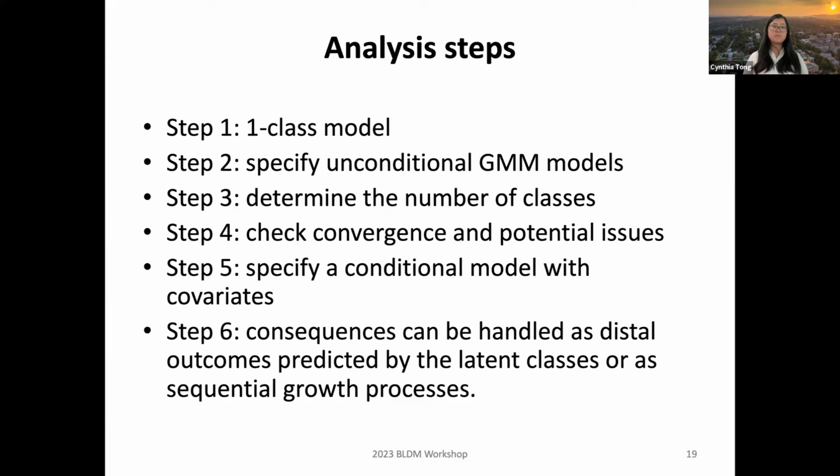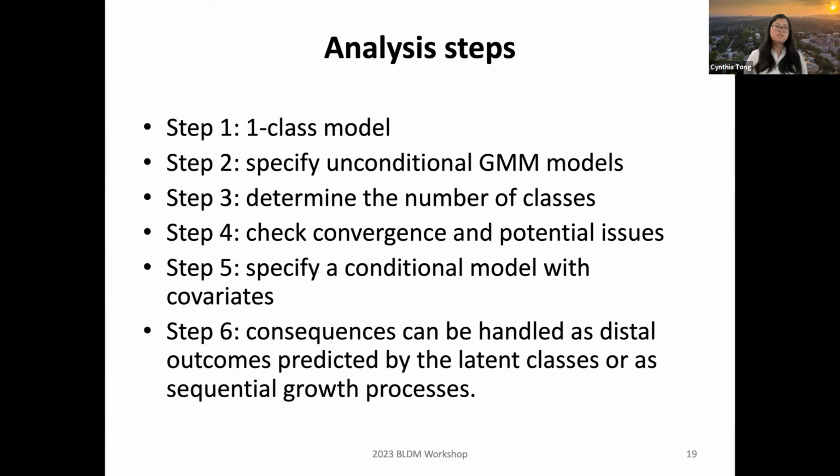For example, if the percentage of the subjects is below 5%, does it still make sense to have that additional latent class there? After that, we go to step 4, where we check the convergence of the model in the Bayesian framework, and we also check some other potential issues to make sure the model or the number of classes we select has no problem.